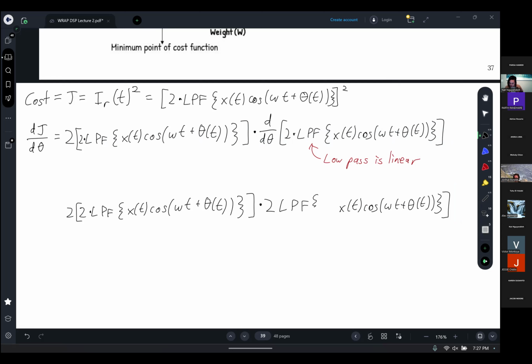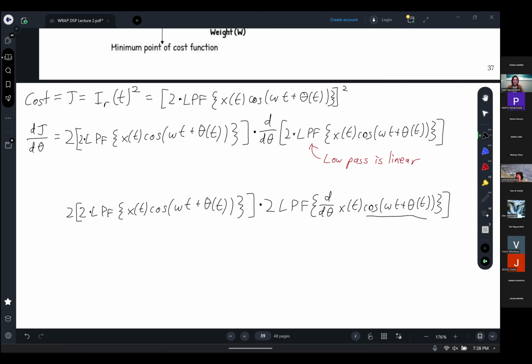But now we have the derivative with respect to theta of this whole term. And then if we do that, we see x of t, well, the inputs to that don't have any theta. So that one we can also just move out. We don't care about it. So then this ends up actually being very simple.